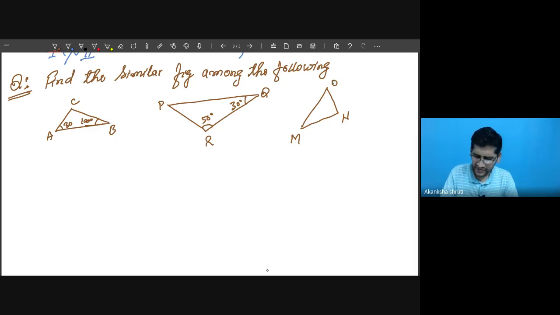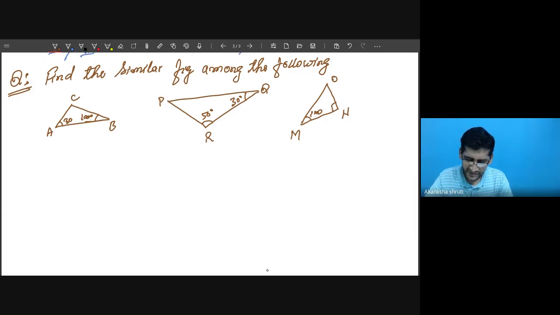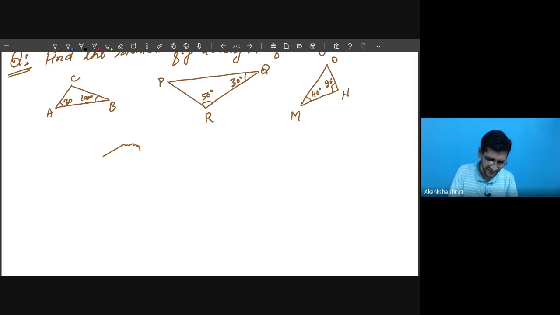So this angle is 100 degrees, or let me take this as 90 degrees, and this angle as 40 degrees. You also write this figure. So based on the angles, take one more triangle.